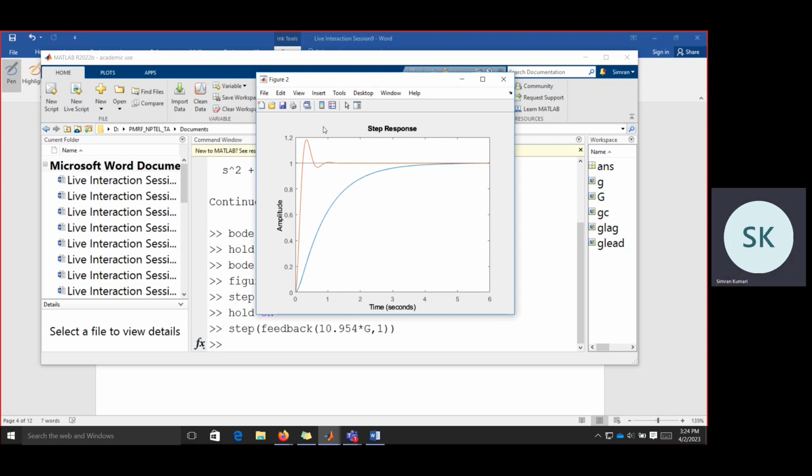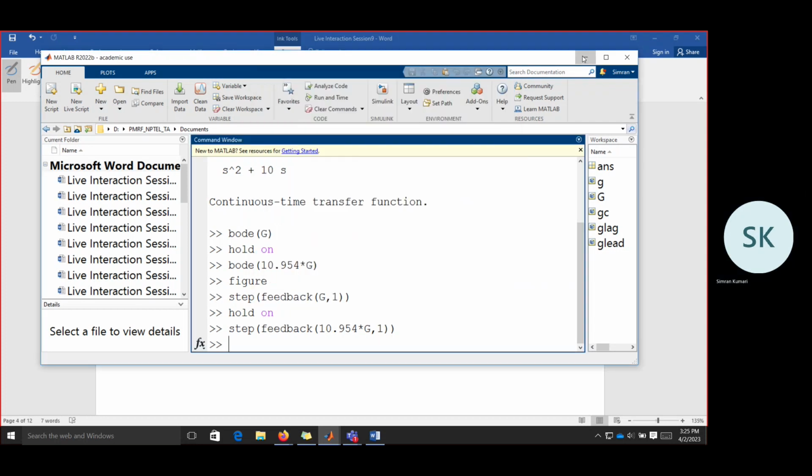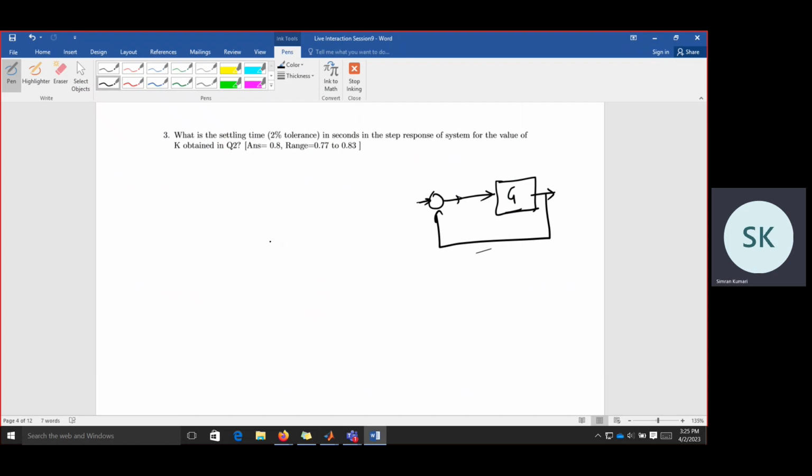Okay, and there is this overshoot which is occurring. So we'll just try to find the value of settling time. From here also we can find it. Approximately 0.787. And for the uncompensated system, it was 3.59. Okay, let us find it out.